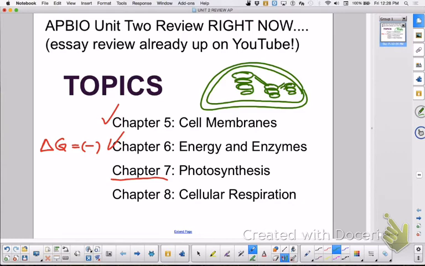Okay, so this area right here is called the what? Stroma. And these right here are what? Grana. And the grana is made out of what kind of membrane? Thylakoid membrane. Okay. And so the light reactions occur all over them, right?